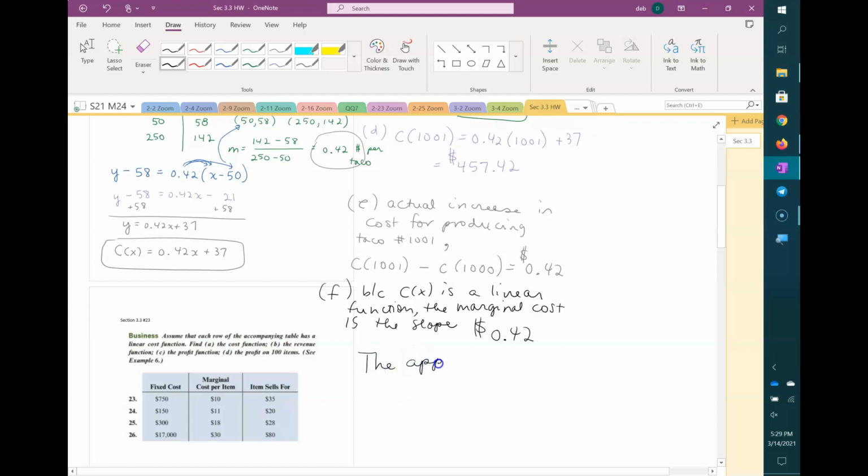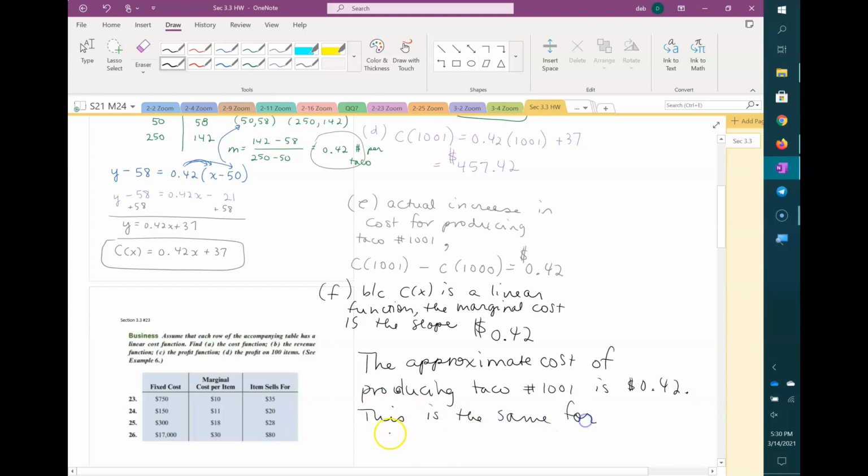So the way to interpret this, though, is the approximate cost of producing taco number 1001 is 42 cents. This is the same for every taco. So no matter how many you were producing, if you do one more, it's going to cost 42 more cents. So let me know if you have any questions about that one.